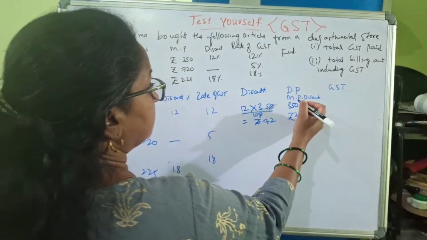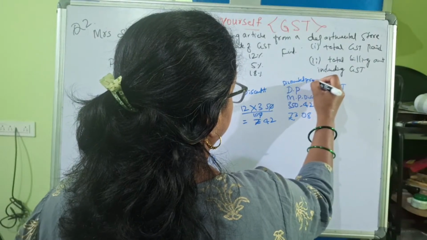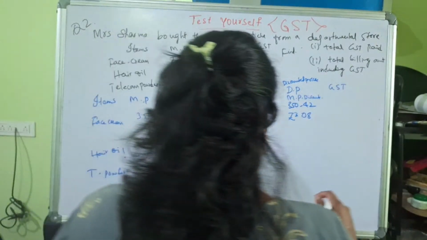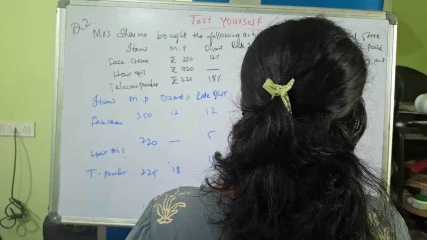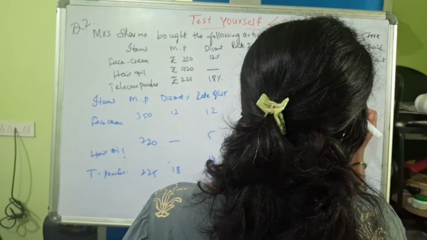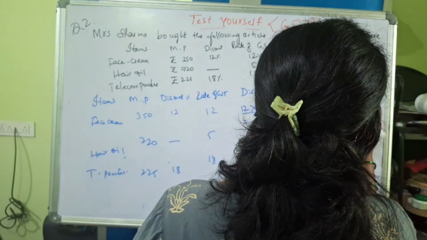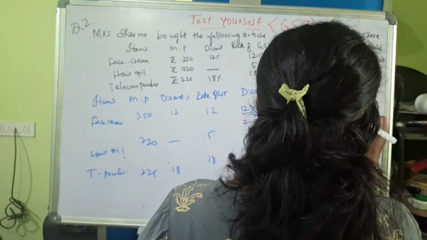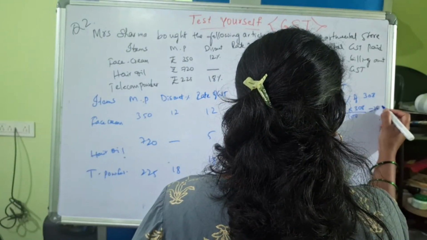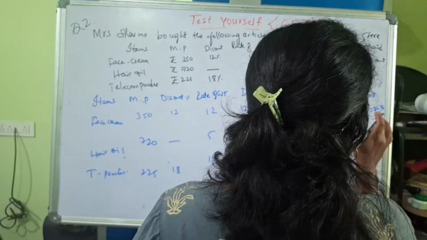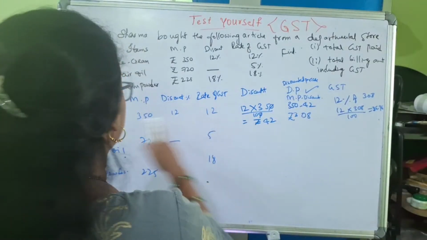So 308 is the discounted price. And GST is 12% of the discounted price. That means 12% of 308, which is 12 into 308 divided by 100, which is equal to 36.96. So this is the GST for face cream.